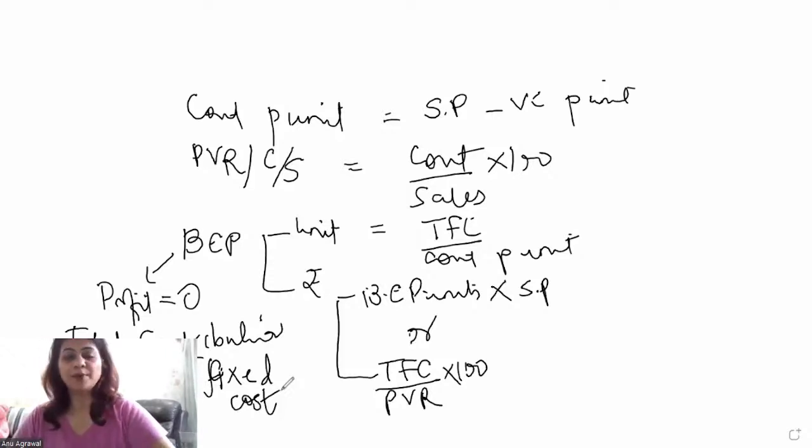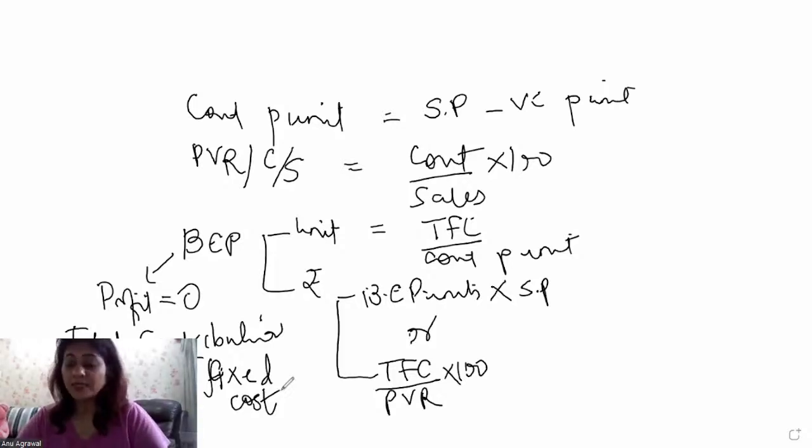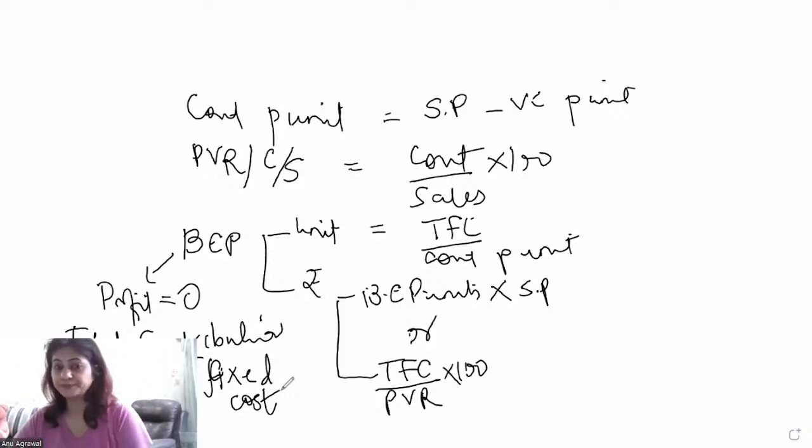So break-even point is a point where profit is 0, or you can say total contribution is equivalent to total fixed cost. We can find out break-even in unit terms, or we can find out break-even in rupee terms. We wrote this, right? So I hope everybody has written it. I'll wait for 10 seconds.